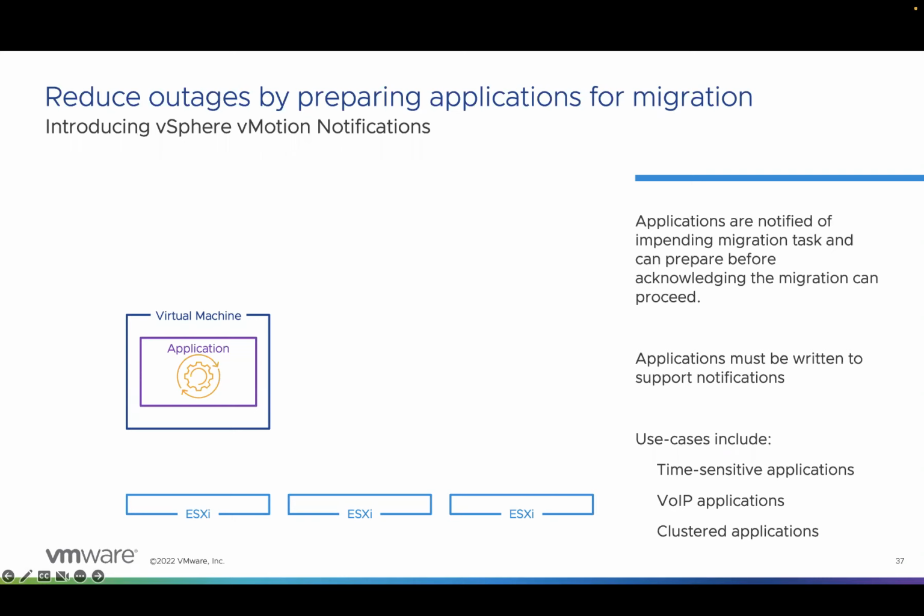So you could either rewrite or write your applications to support vMotion notifications, or a partner application could be written as an intermediary to intercept the vMotion notifications and then in turn communicate with the main application within the virtual machine.